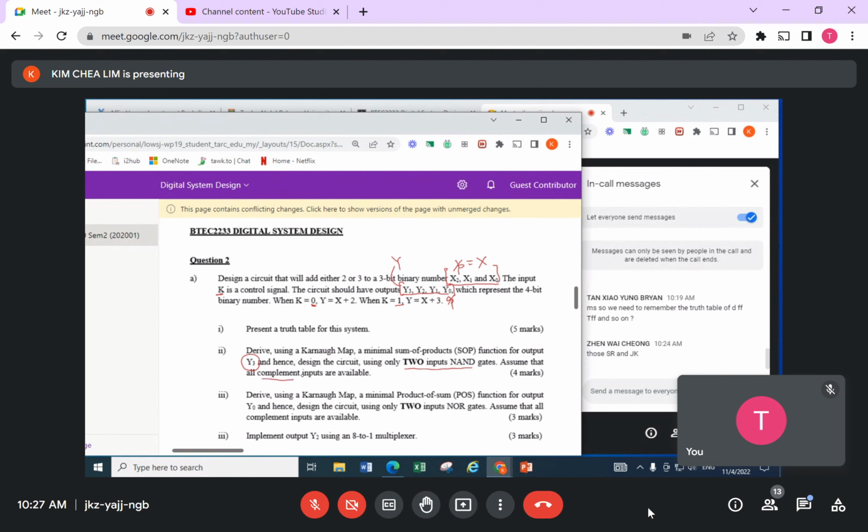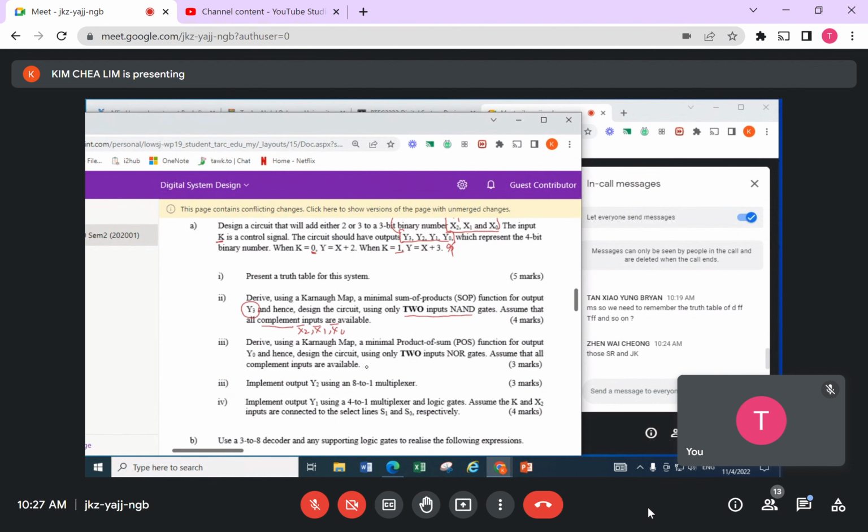Complement means that, in this case, let's say your X2 bar is already there, X1 bar is also already there, all available. Because of these two inputs here, the circuit may be a little more complex. That's why, to make it a little easier, I give you all these available. No need to generate.